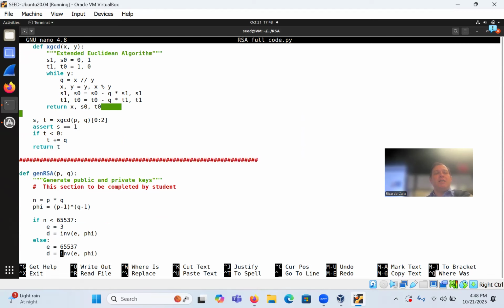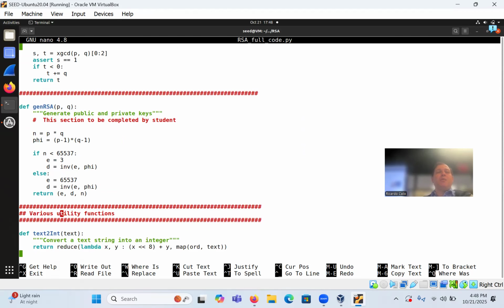Okay, GenRSA. This is when we are creating our keys initially, but in this case, you're no longer following that pipeline. The pipeline you're following now is that you're trying to break RSA. So, you've stolen or you've borrowed the public key. So you already have E and N, right?